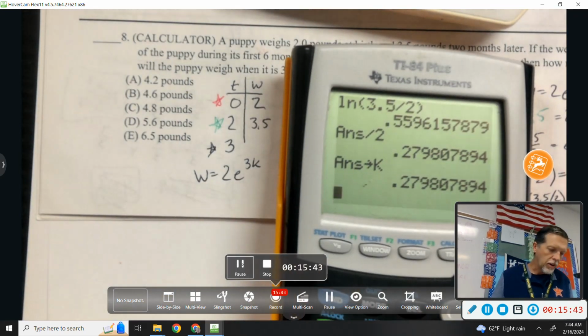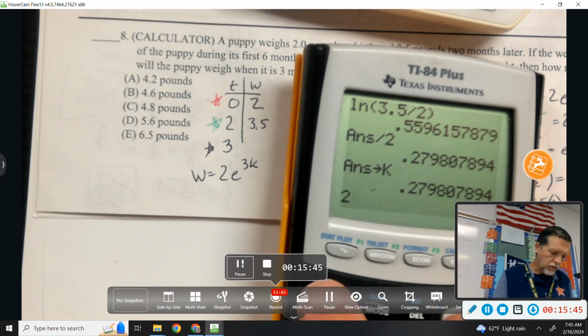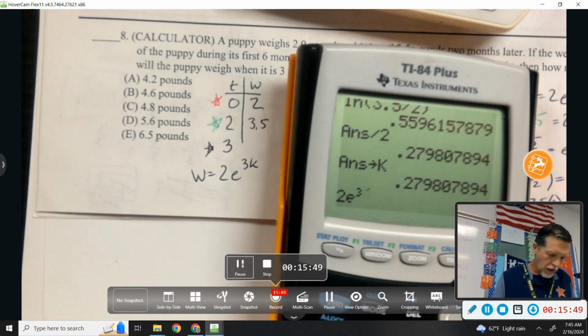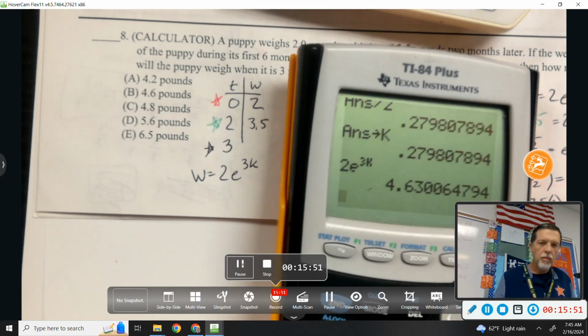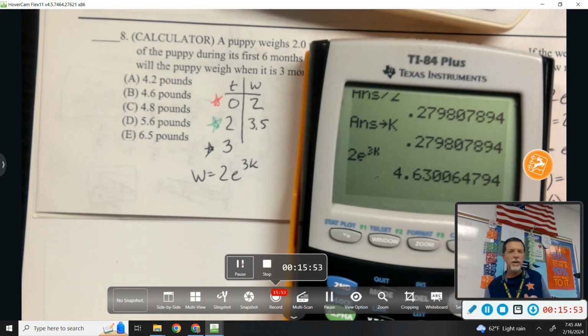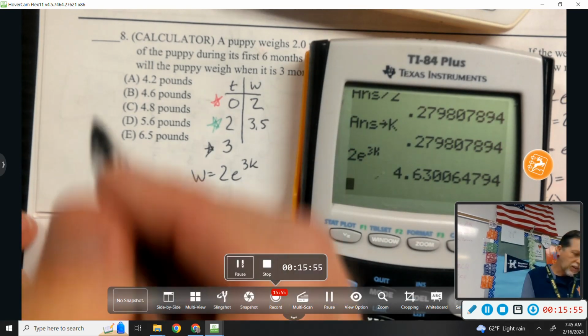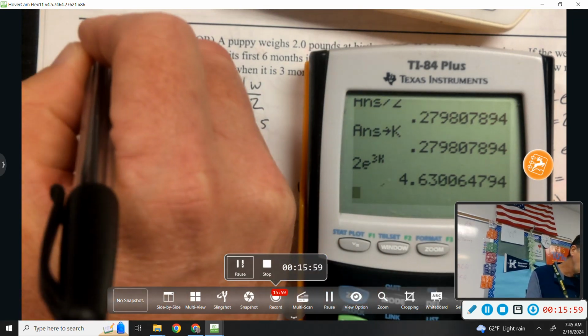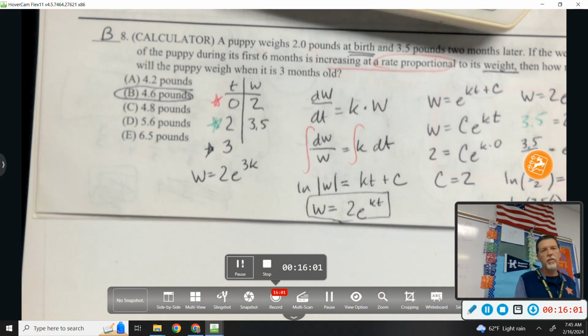The calculator knows what it is. So 2e to the 3k. Plus it's multiple choice, so I hopefully get one of my answers here. 4.63 is pretty close to 4.6. So there's my answer.